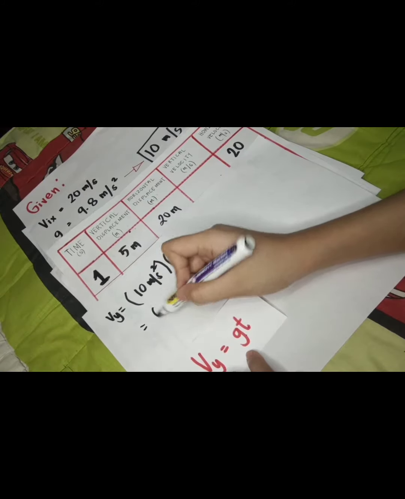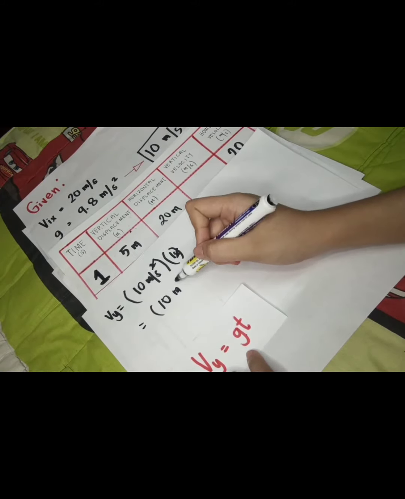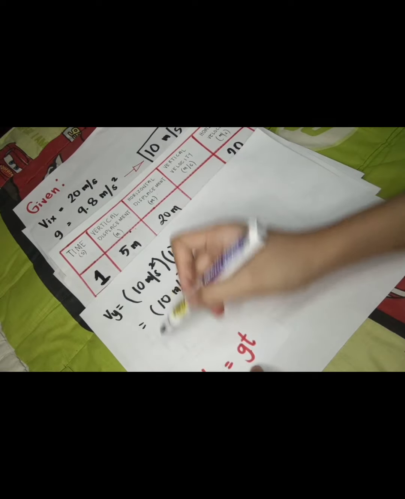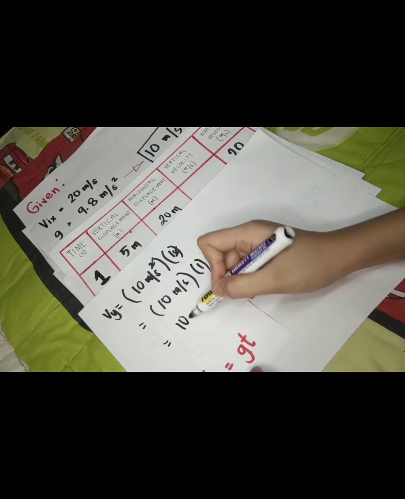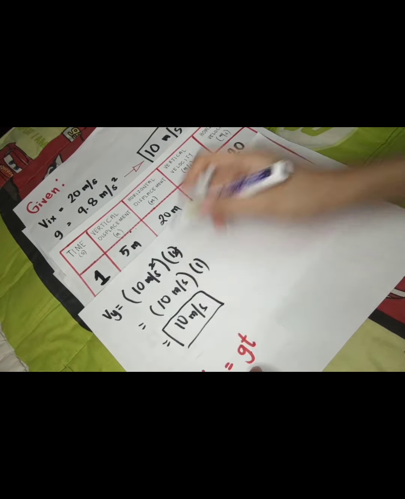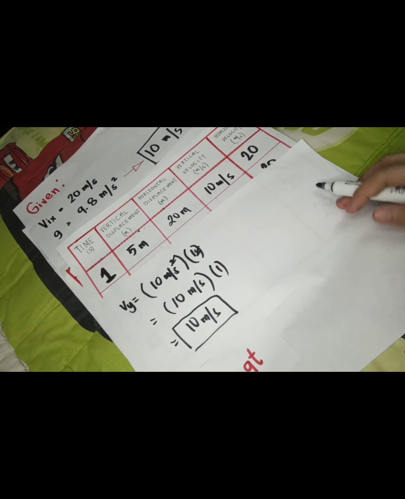So, ang matitira is 10 meter per second. So, times lang natin siya by 1. And then, the answer will be 10 meters per second. So, ganun lang siya kadali. 10 meters per second.